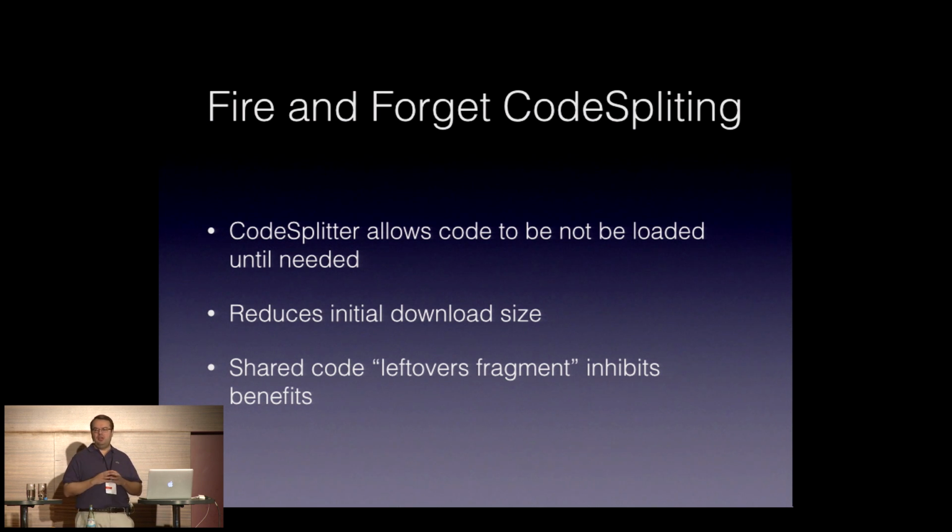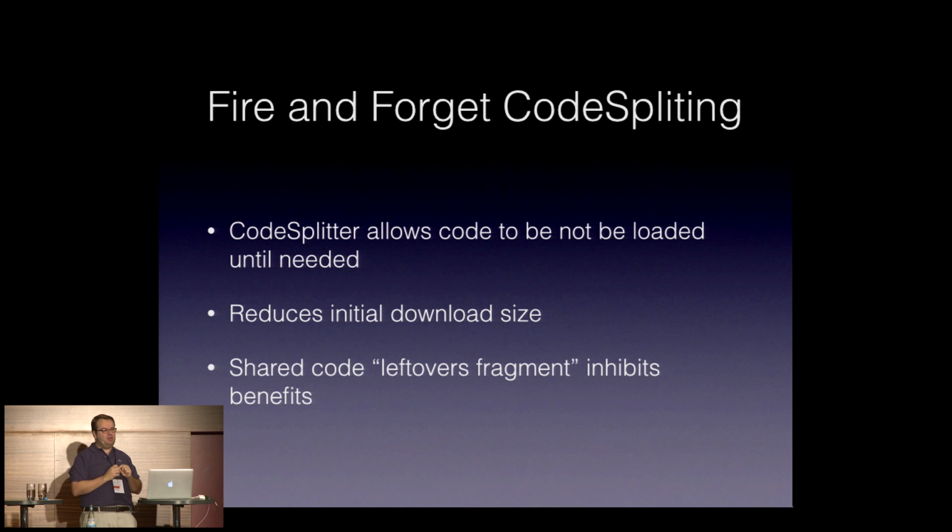Because for any of you who have used it, you know it can be a bit of a pain. It's kind of mysterious, and there's a lot of black magic underneath it. One of the problems with the code splitter is that when you split off two pieces of code and say you can load them later, any code that's shared between those two components is promoted into a shared library that we call the leftovers fragment.